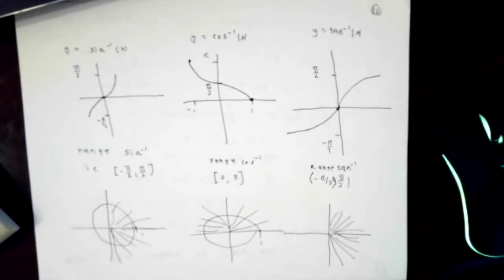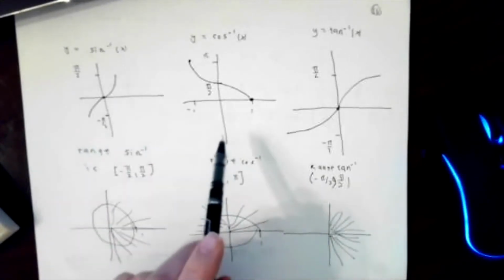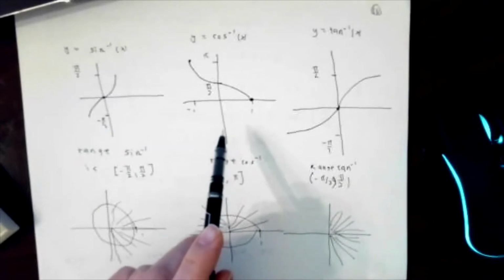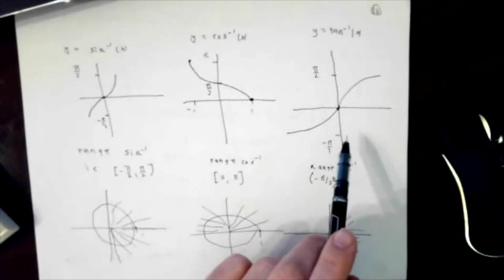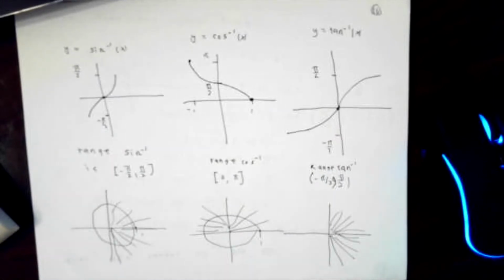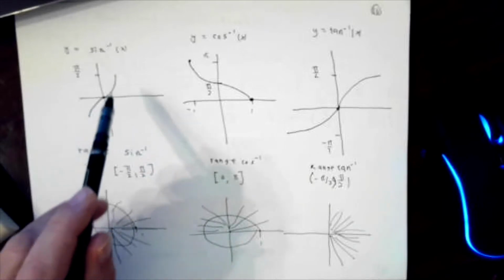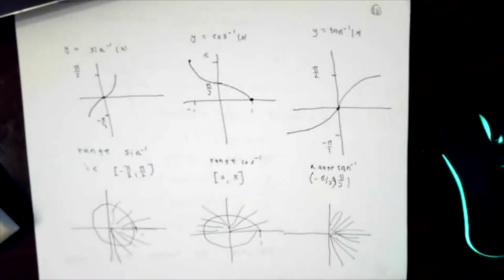If you look at it, the graph of the inverse sine function looks like this, the graph of inverse cosine looks like this, and the graph of inverse tangent looks like this. The range of a function, you'll remember, is the collection of all function values you can get. So the range of the inverse sine is all of the y values from negative pi over 2 to positive pi over 2.